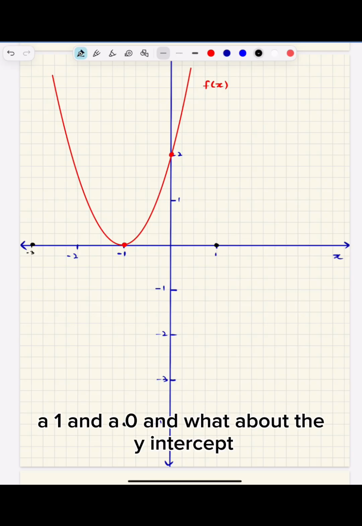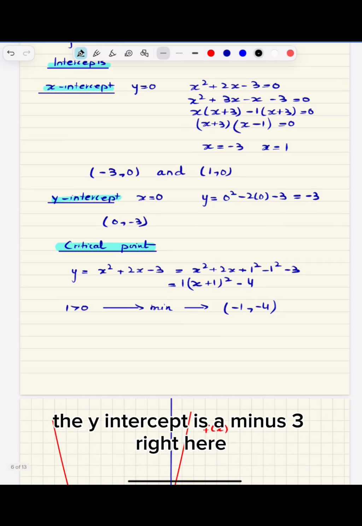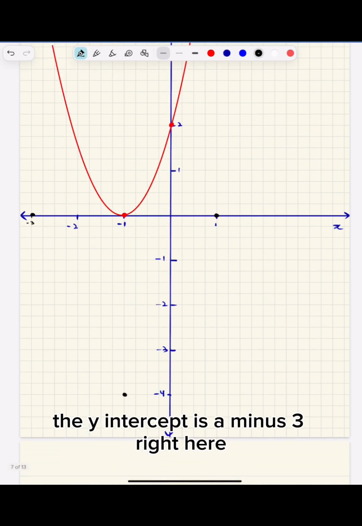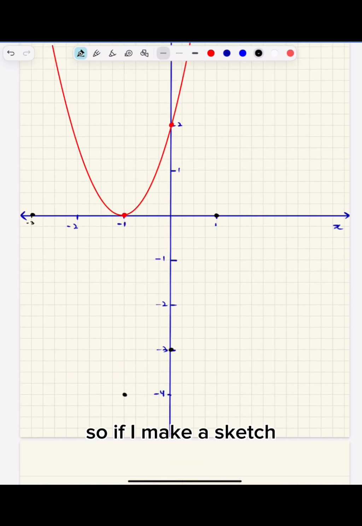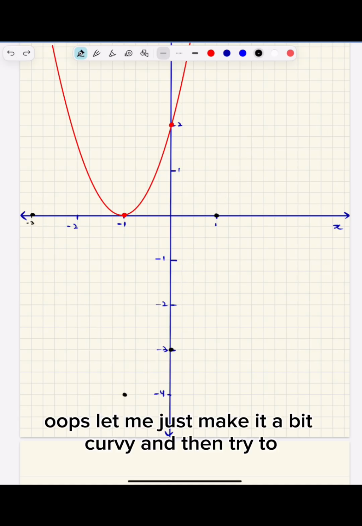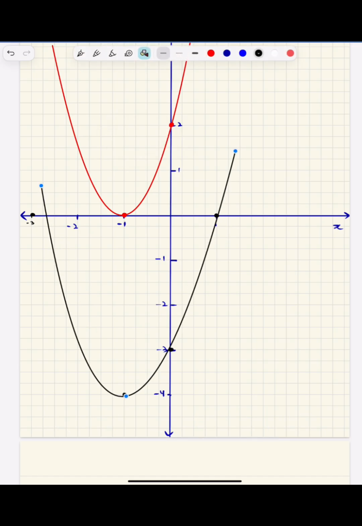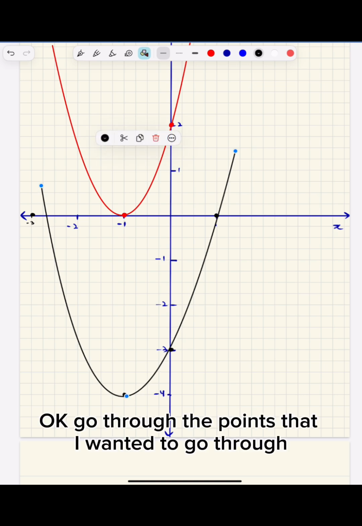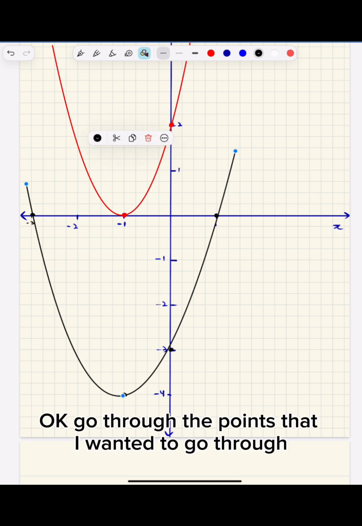And what about the y-intercept? The y-intercept is -3 right here. So if I make a sketch, let me make it a bit curvy and try to make it go through the points that I wanted it to go through.